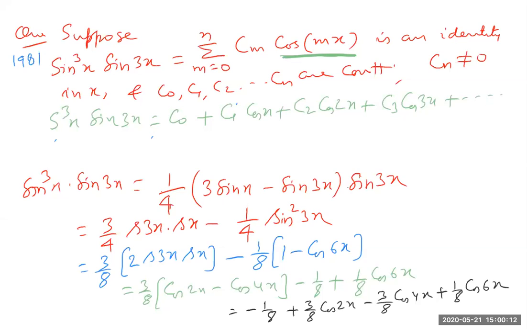And this we have proved that this is also equal to how much? Minus 1 upon 8 plus 3 upon 8 cos 2x minus 3 upon 8 cos 4x plus 1 upon 8 cos 6x.